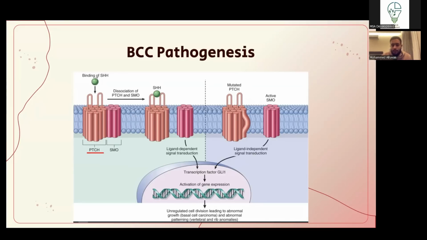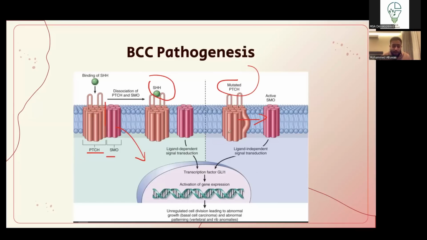When this ligand binds to PTCH, this causes dissociation of SMO. What will SMO do? Stimulate gene expression, transcription. Now, what happens if you have a mutated PTCH that no longer needs sonic hedgehog? This will keep on activating SMO, hence causing gene transcription, and you'll have unregulated cell division.